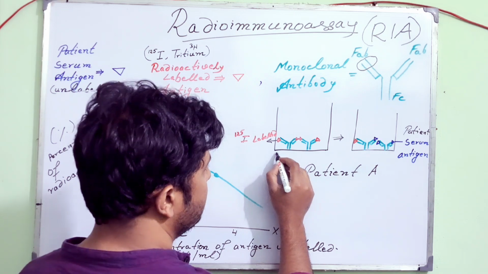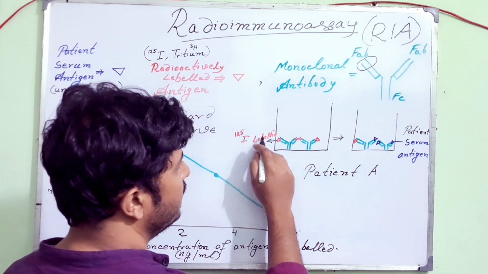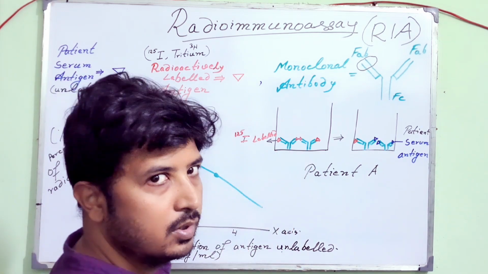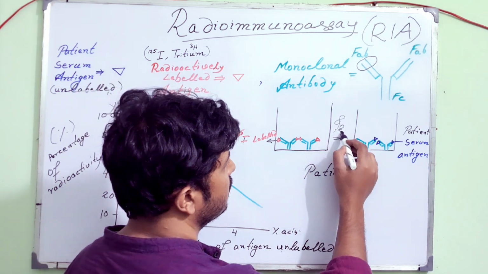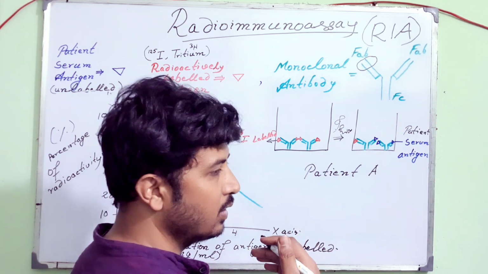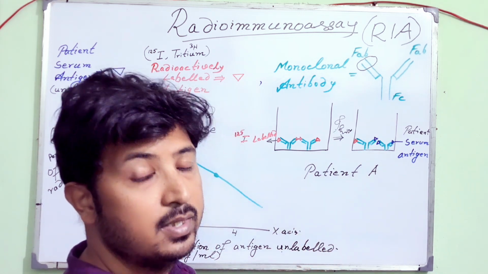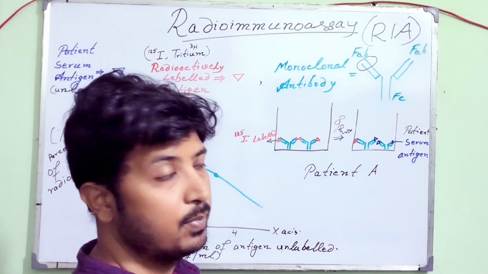First it is an antibody coated well. You have given the radiolabeled antigen. It is all bound. It is all set. Now incubated and washed. So all the radioactively labeled antigens which are unbound are washed off.